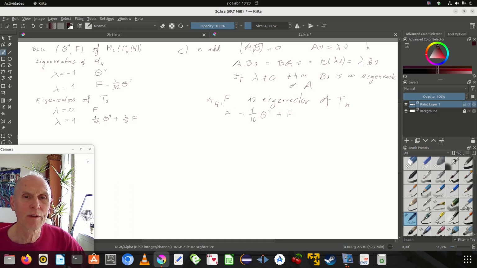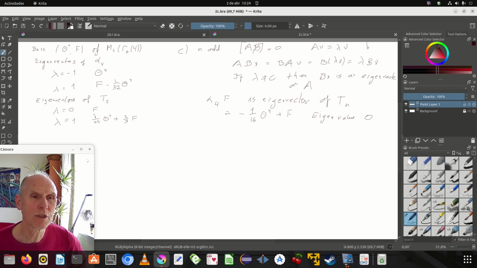So this one has eigenvalue, f had eigenvalue naught, because f has eigenvalue naught.